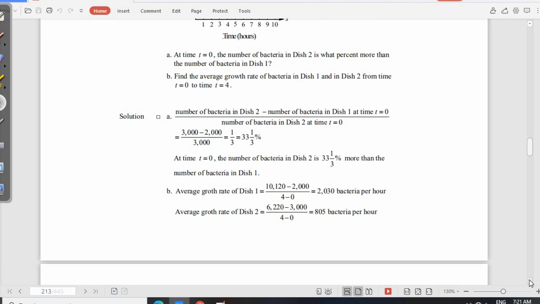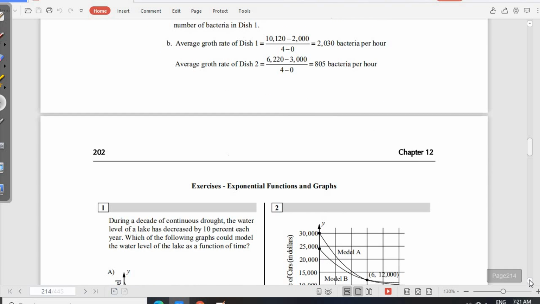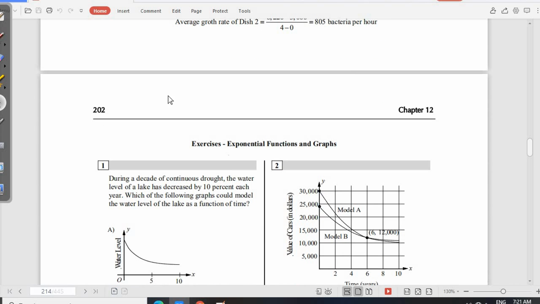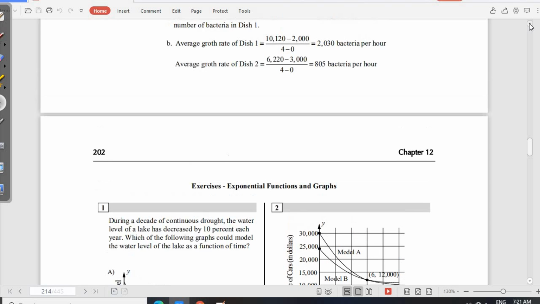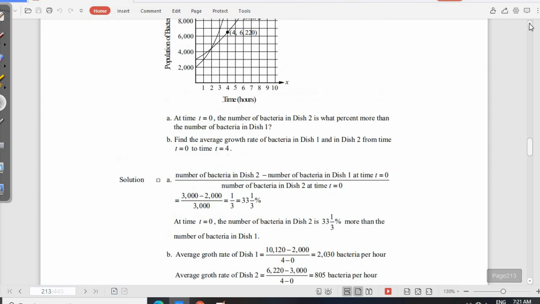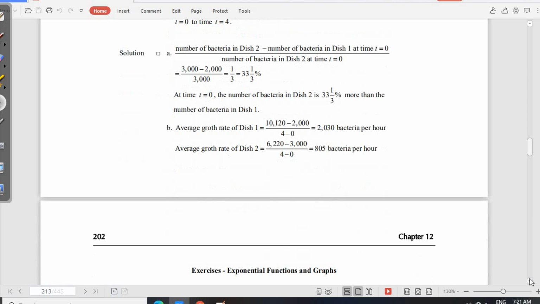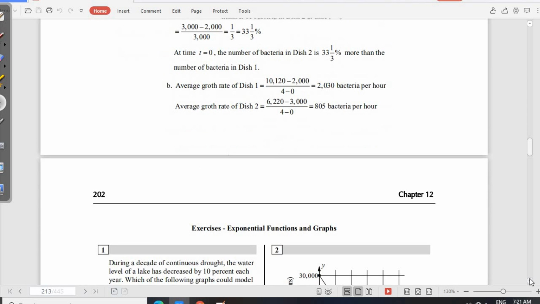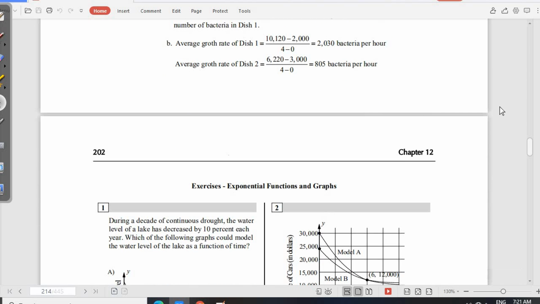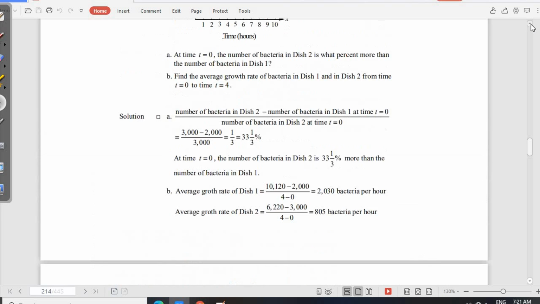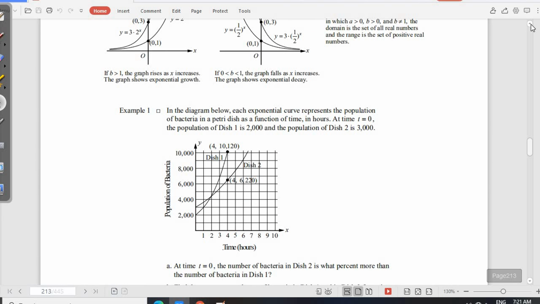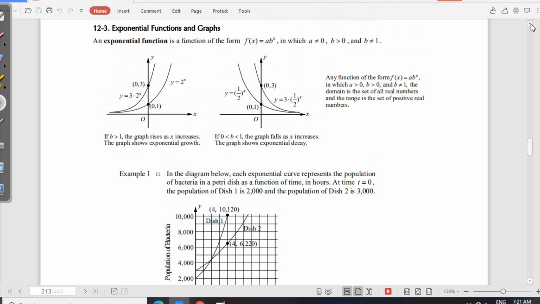We've seen something like this before, but I'm going to explain it one more time. When it comes to decay or growth, we have a formula. We could use a simple formula of average growth if they're asking for average growth.